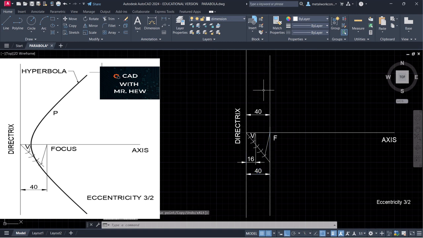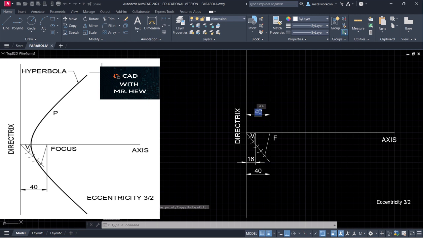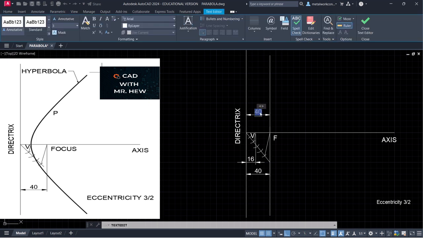Now this 40, I got the 40. It's 60, which is the radius, times 2 divided by 3. So that is how I got the 40 millimeters here.